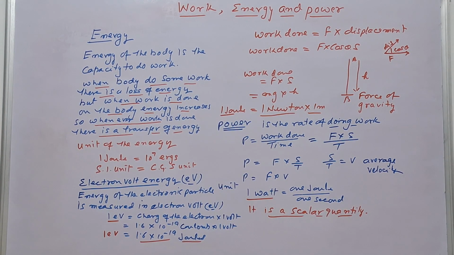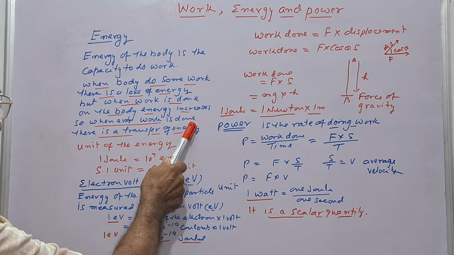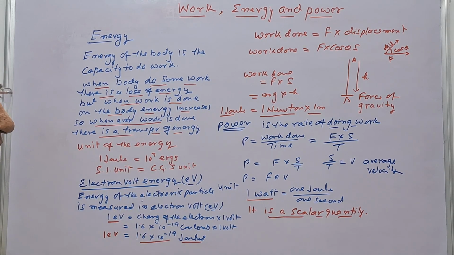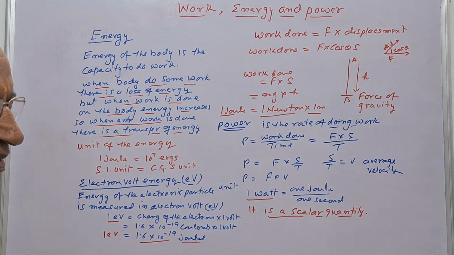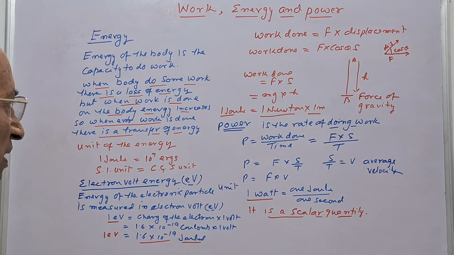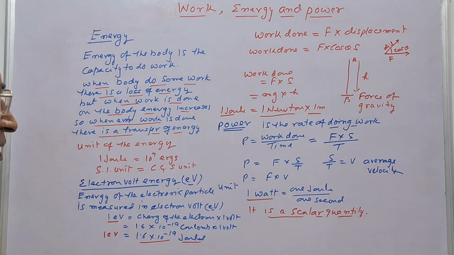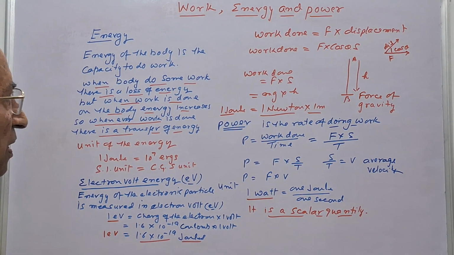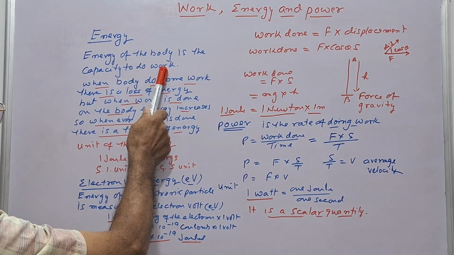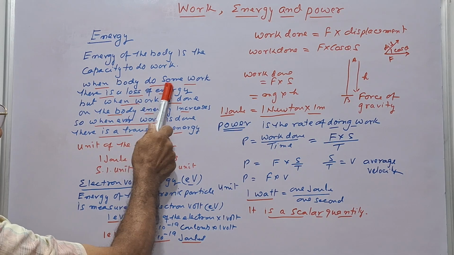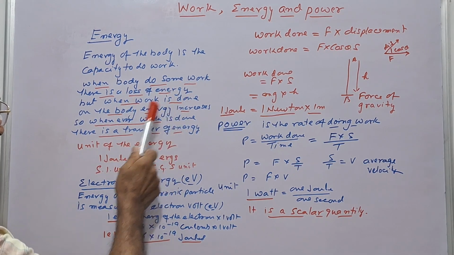So we say that whenever work is done, there is a transfer of energy. Here I am not going to explain the transfer of energy, that is kinetic energy and potential energy; I will deal with that in other videos. So the point is that energy is the capacity to do work. When the body does some work, there is a loss of energy.